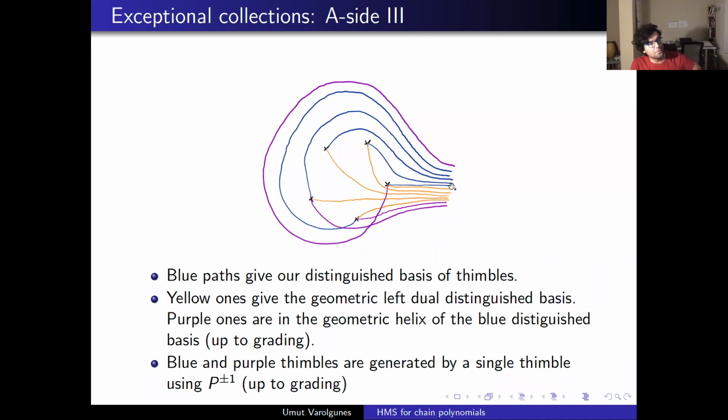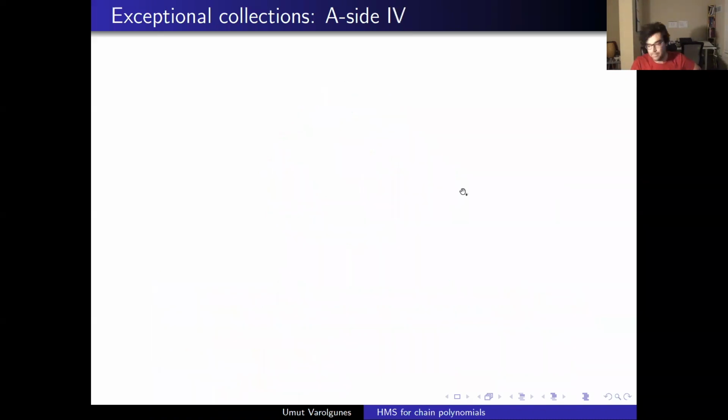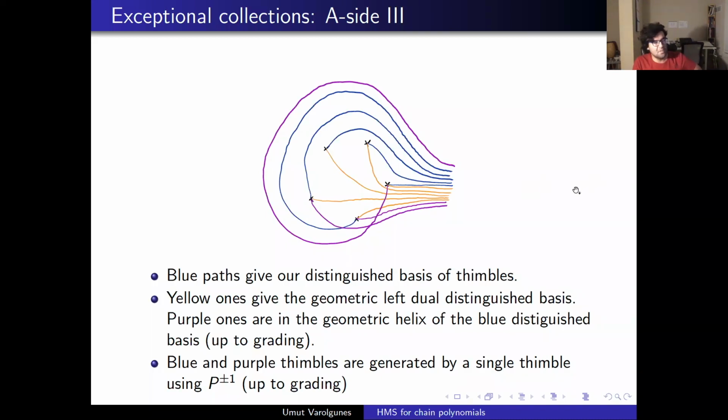In order to compute that A infinity category, you just keep the order. The lowest one is the first one, the second lowest one is the second one, etc. And then there's no morphisms going from the higher number to the lower number. In order to compute the category going from the lower numbers to the higher numbers, you just pick a regular fiber, somewhere here, and make all of these paths intersect that fiber and each other transversely.